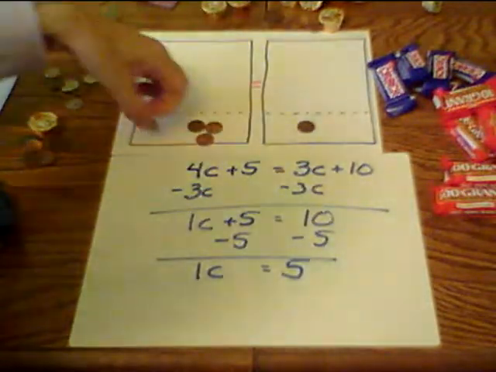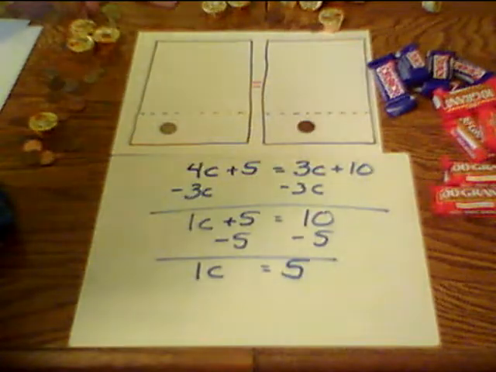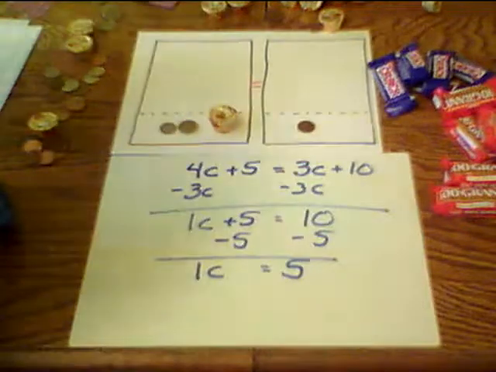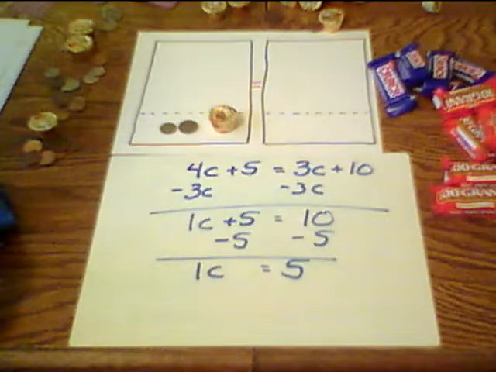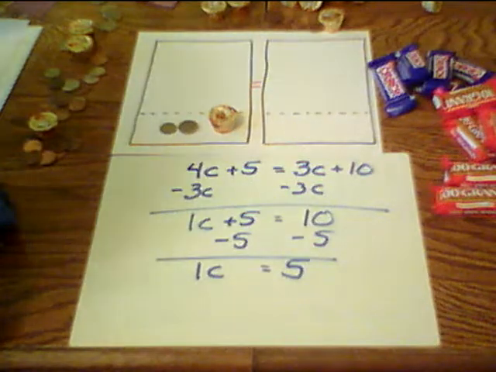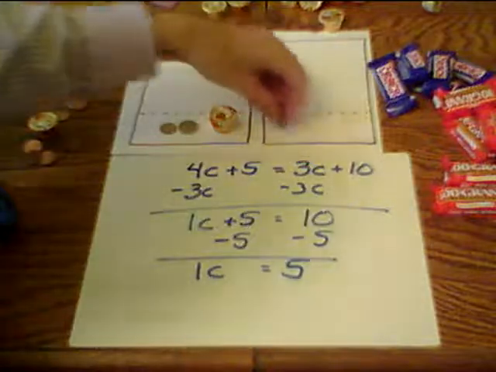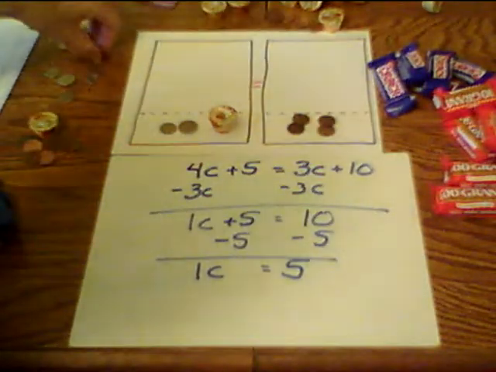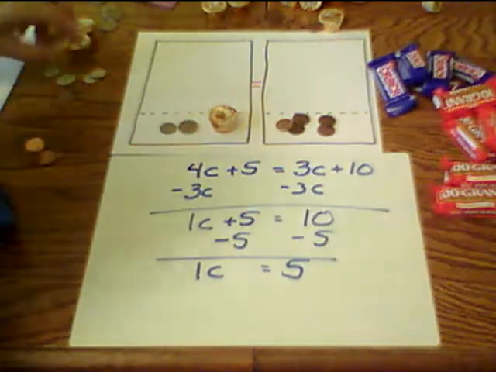How about 1 dime, 1 nickel, and 1 candy bar in the left box? Okay, and then we're going to put 5 pennies and 2 candy bars in the right box.